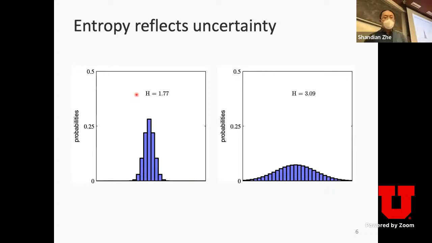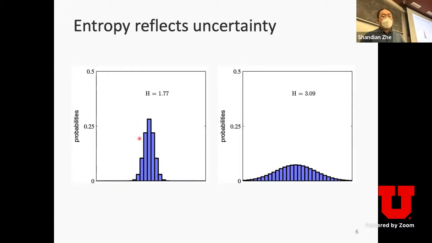So we can see this point by looking at these 2 examples. Each example shows that for some random variable, I sample its values multiple times and draw a histogram. From the histogram, we can see the probability distributions of those random variables.